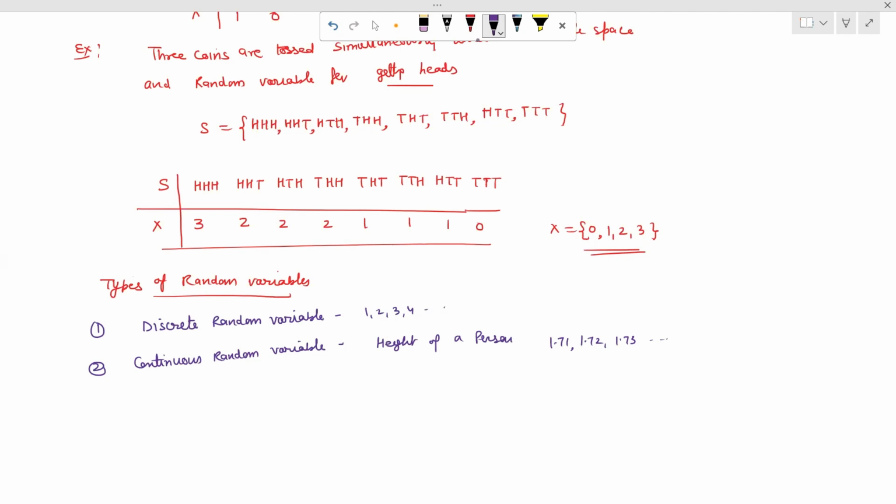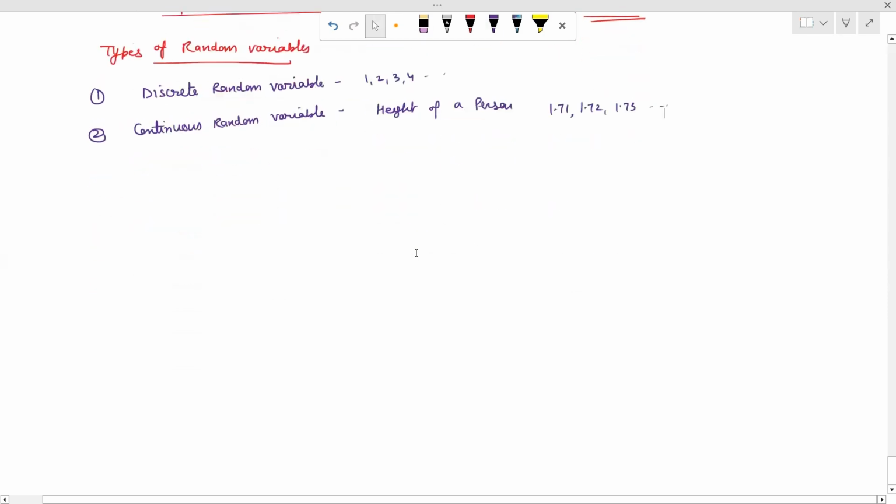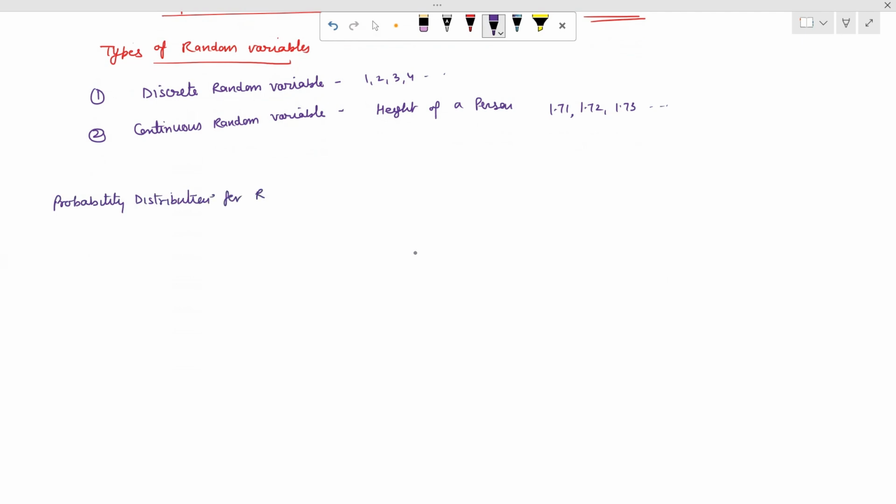Now we move further to the probability distribution of random variables. So this is the basic part.